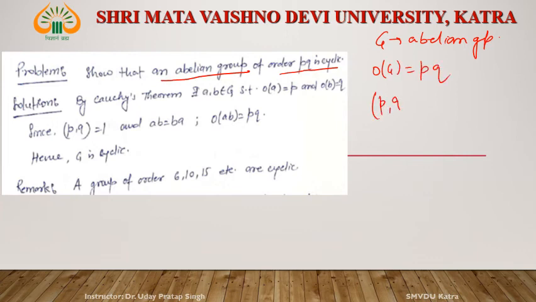What is the relation between P and Q? P and Q are relatively prime. They are coprime to each other.